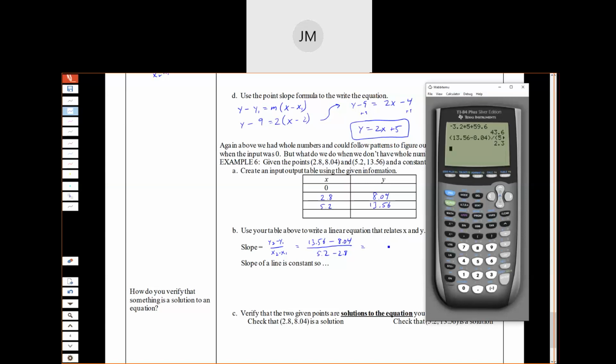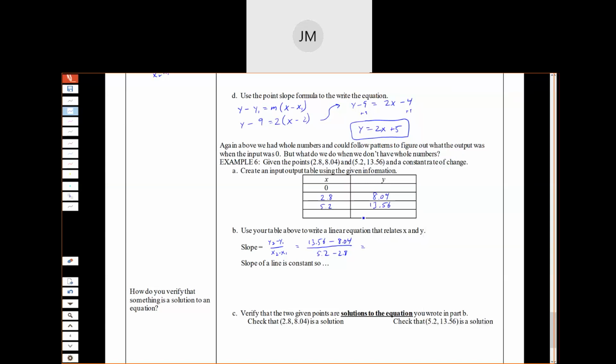And I get 2.3 as my slope. Okay, so now we've computed our slope. Slope of the line is constant, so that relates any 2 points.